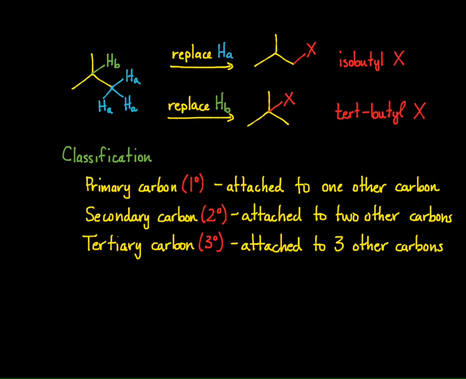All right, so notice secondary and tertiary, if we abbreviate those, sec and tert, that's where we get sec-butyl and tert-butyl, because the substituent in sec-butyl is coming off of a secondary carbon, and the substituent of tert-butyl is coming off, and you can see this on this slide here, of a carbon that has three other carbons attached to it. And so hence the name tert-butyl compound.